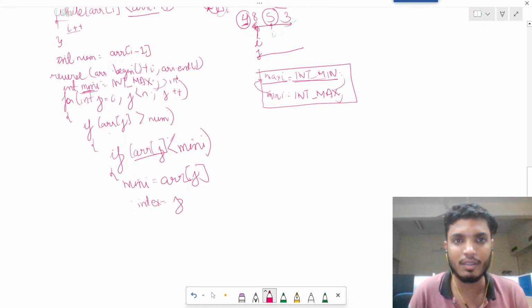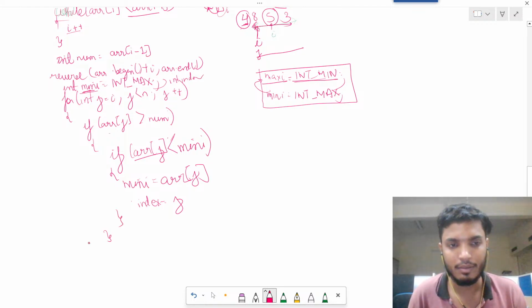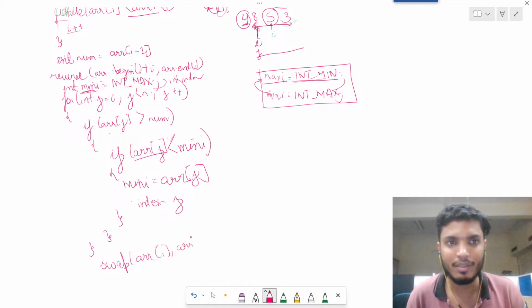Declare a variable int index. And then what you need to do is simple, this is finished. At last you will be simply swapping ARR of I with the ARR of J.